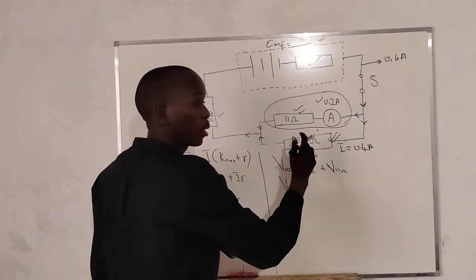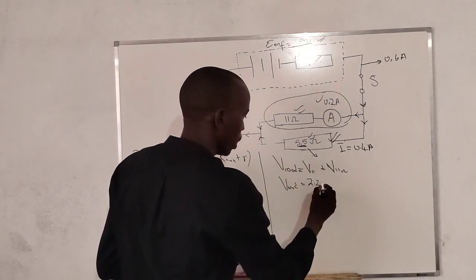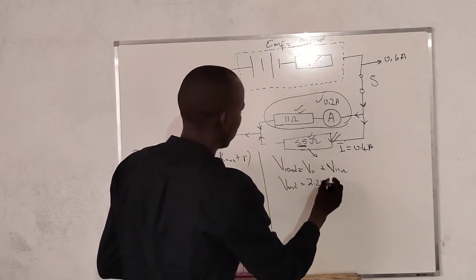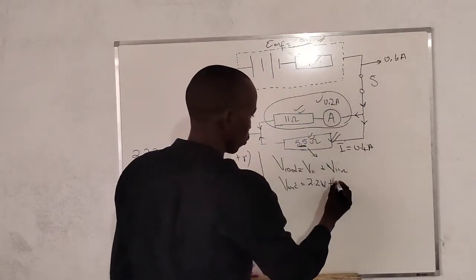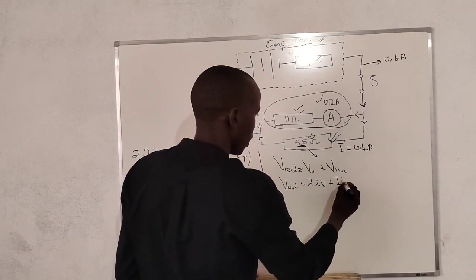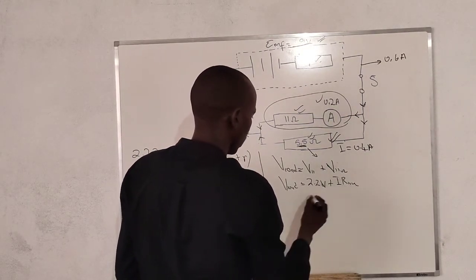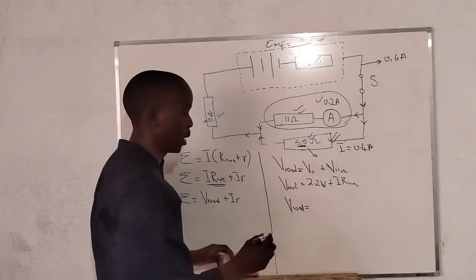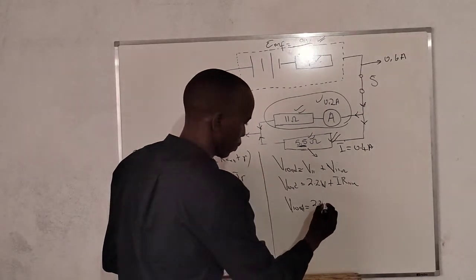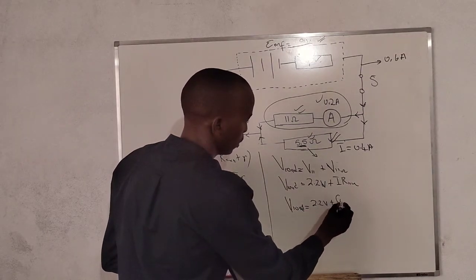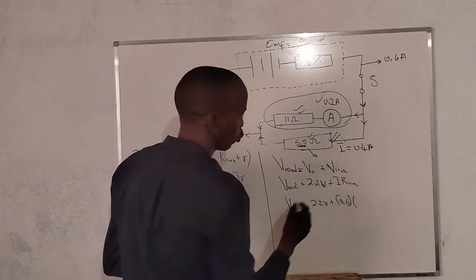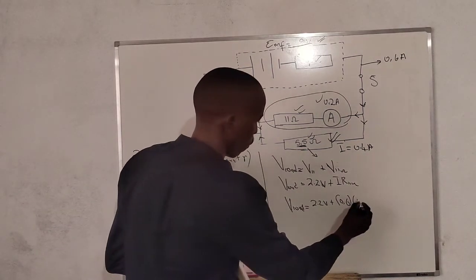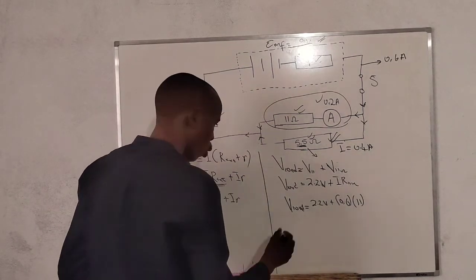The voltage of the parallel connection is 2.2 volts, plus the voltage of this resistor, the current passing through, I and R, the 11 ohm resistor. Then V load will be given by 2.2 volts plus the current, 0.6 total current, times the 11 ohm resistor.